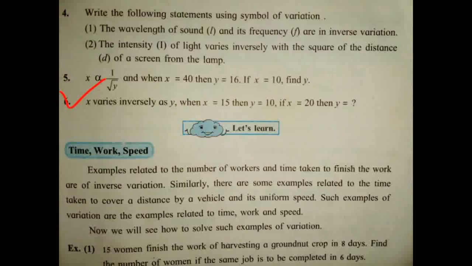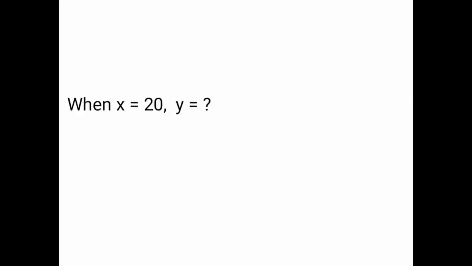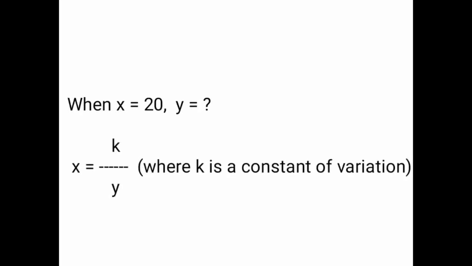Now in the same question, you have to read the next sentence. X is equal to 20 is given, and you have to find the value of y. When x is equal to 20, y is equal to question mark, x is equal to k upon y, where k is the constant of variation. Now substitute the value of x given here, and the value of the constant of variation k, which you already got.